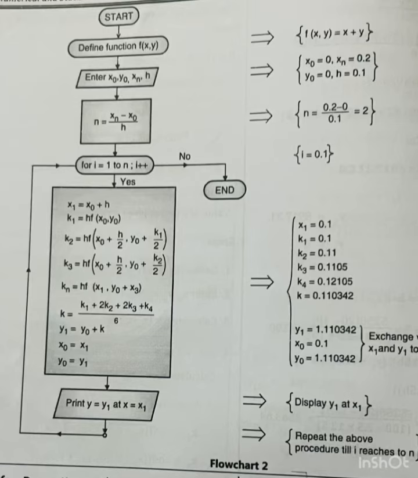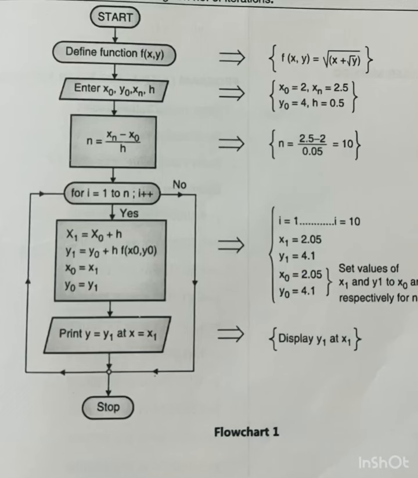If i is not from 1 to n, that is, if it exceeds the given value of n, it doesn't run further, it just ends. So I think this flowchart is very easy.